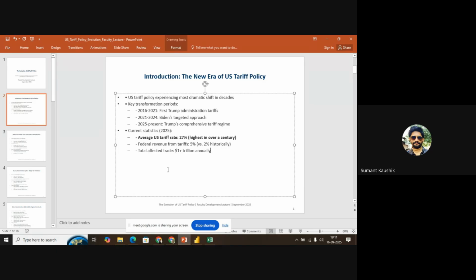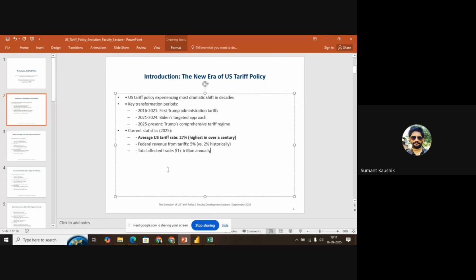I will try to explain it as simply as I can. Let's say the US imposes a $5 tax on that. So that good will be available to a common US citizen at $15. This $5 becomes a tax, a tariff. So for that person, the value of the good will be $15 rather than $10.